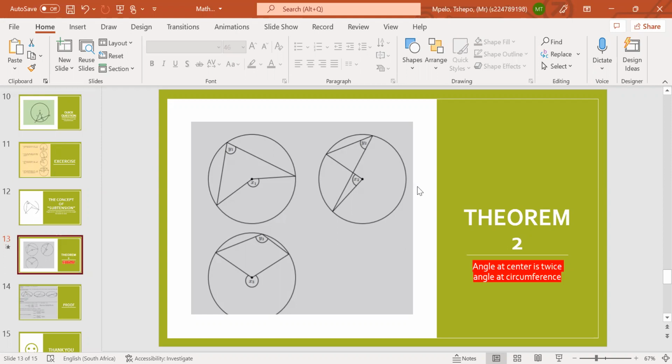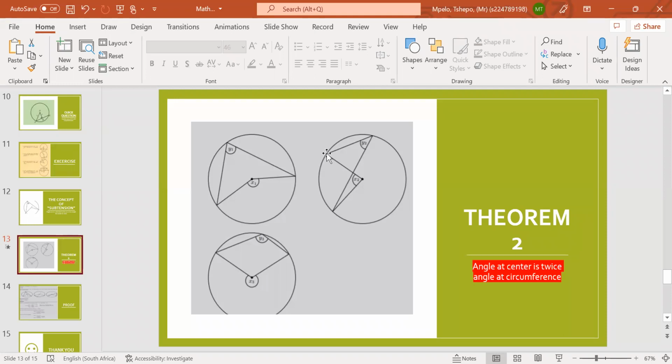When two angles are subtended by the same arc, and the other one is at the center and the other one is at the circumference, the one at the center will be twice the angle at the circumference. Let me repeat that.